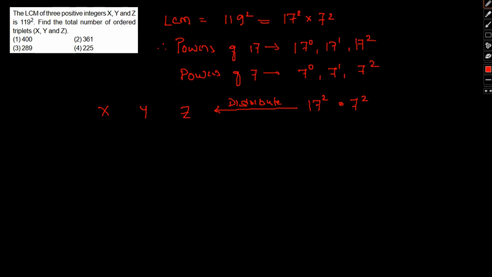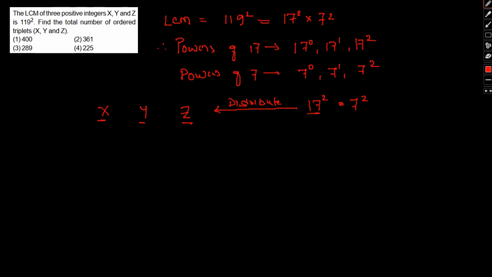So first let's take the case for say 17 square. These are two identical items and these are three different boxes. So we can use the simple distribution format of identical items into different boxes. That concept we can use in this regard.